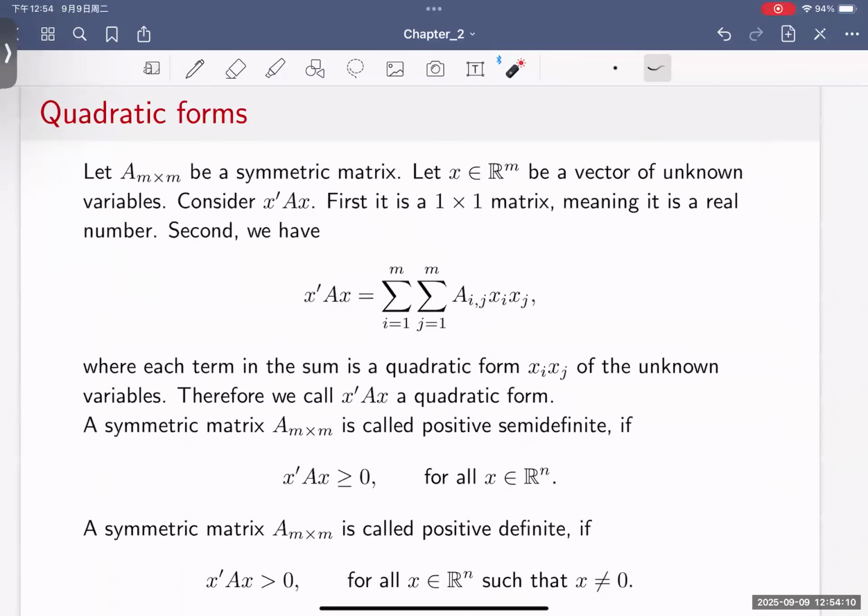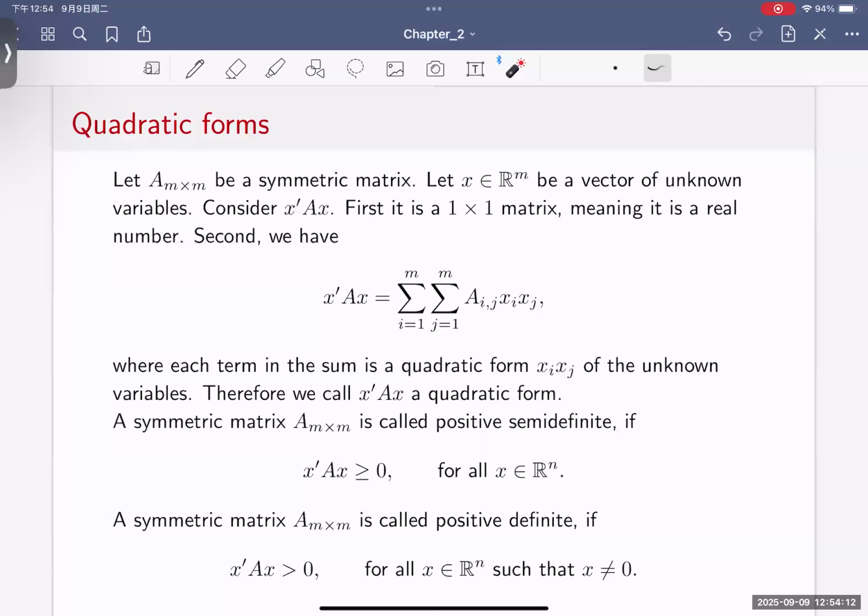The last thing we will also use later today is called the quadratic form. Given a matrix A, which is also symmetric, we wonder what is the value of X transpose A times X. Here X is an m-dimensional vector. Since A is m times m, X is m times 1, and X transpose is 1 times m.